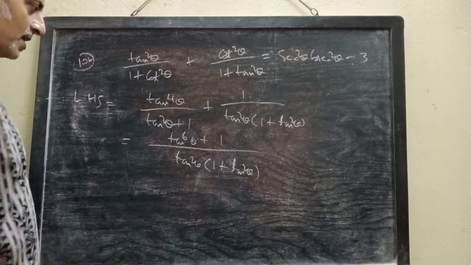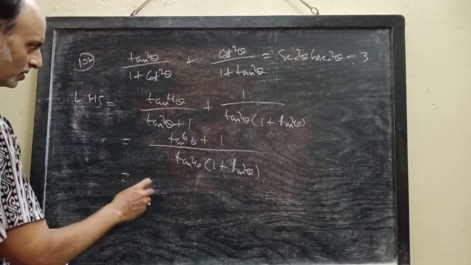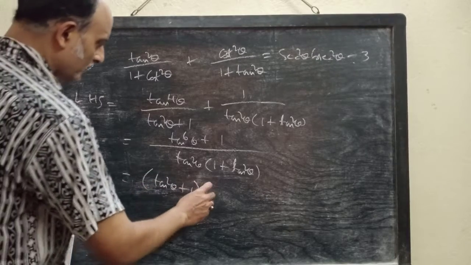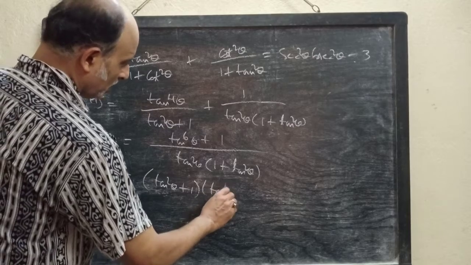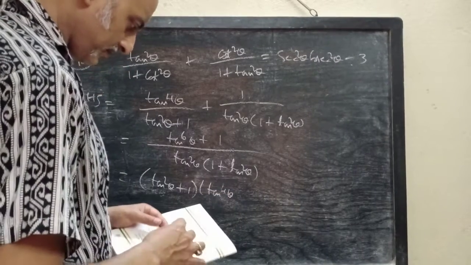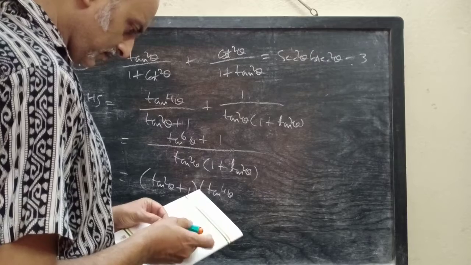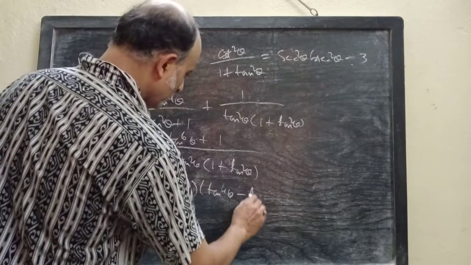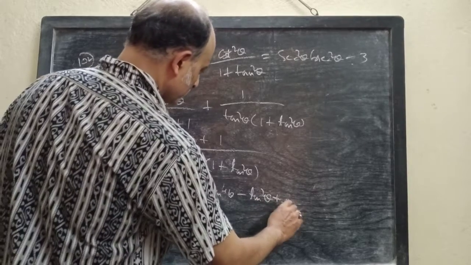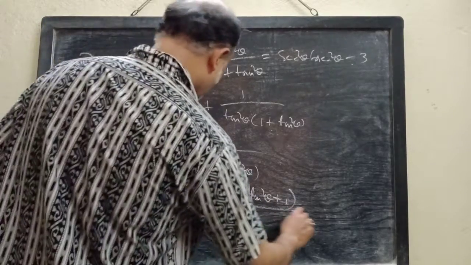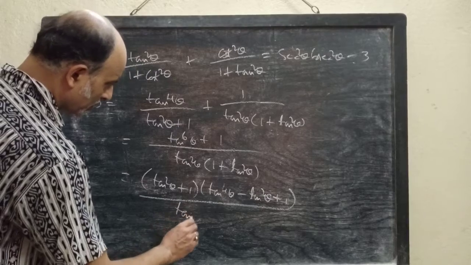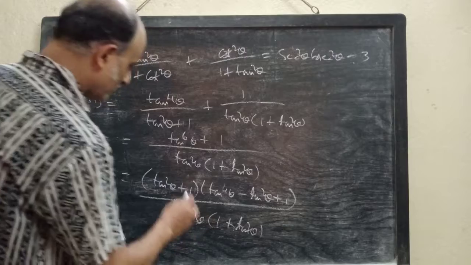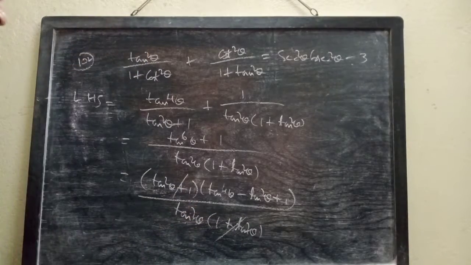Now it can be thought of as a cube plus b cube, so you can write tan square theta plus 1 into tan to the power 4 theta minus tan square theta plus 1, divided by tan square theta into 1 plus tan square theta. This is cancelled.